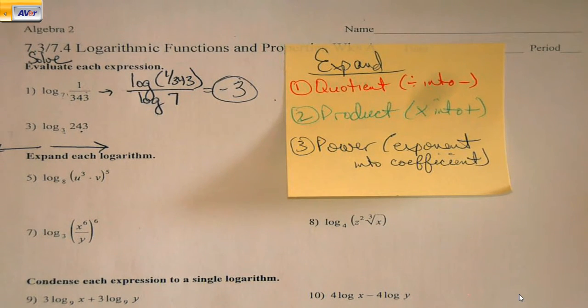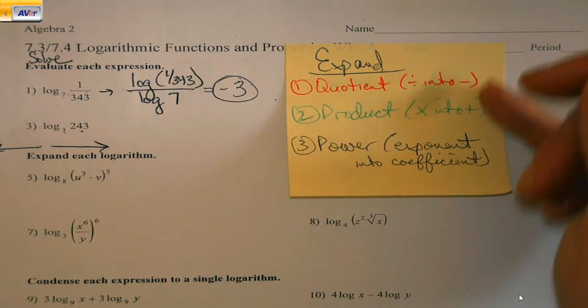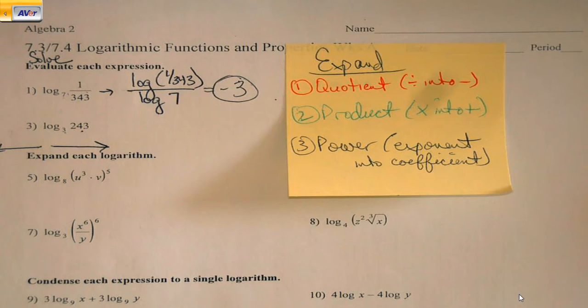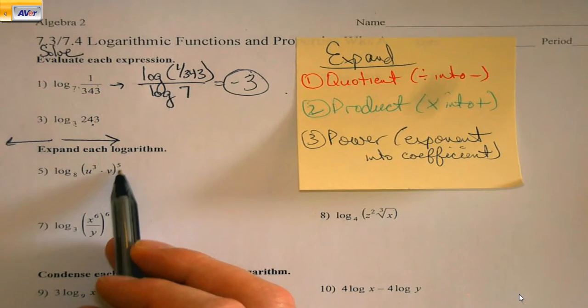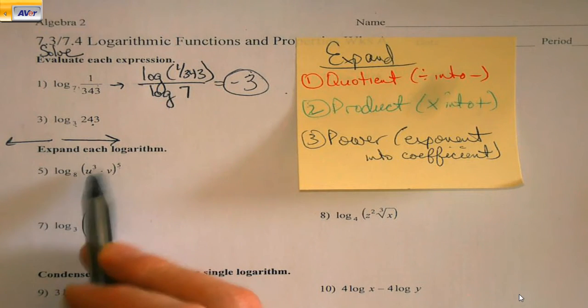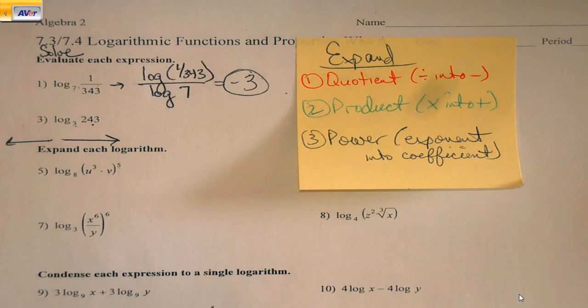And so as we started to look at these yesterday, we're going to end up looking at number 5 and number 8 here. And what we noticed was there was only one exception to going out of order with our expand rules. This is the order that we like to go into. It keeps us out of the most trouble. And so the one exception to following the rules is if there's an exponent outside parentheses, like there is here in number 7.